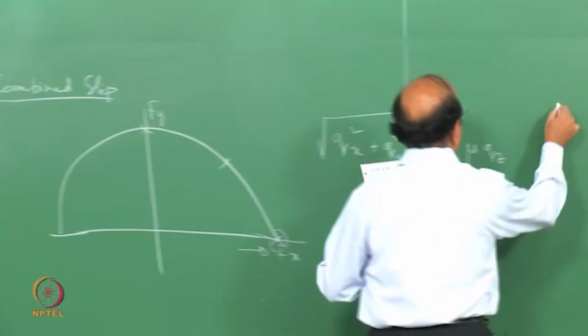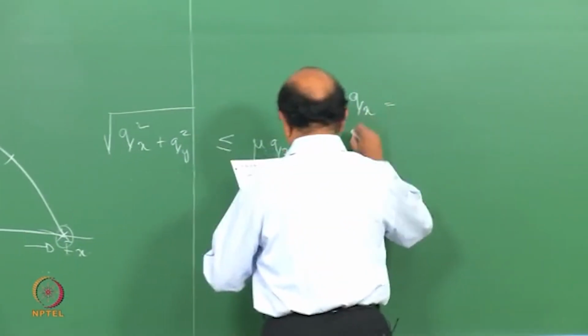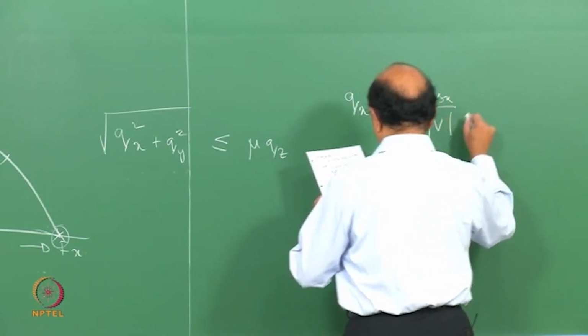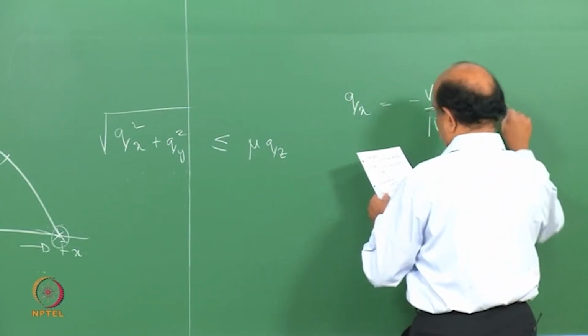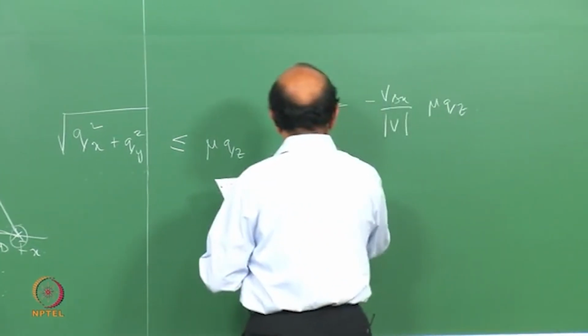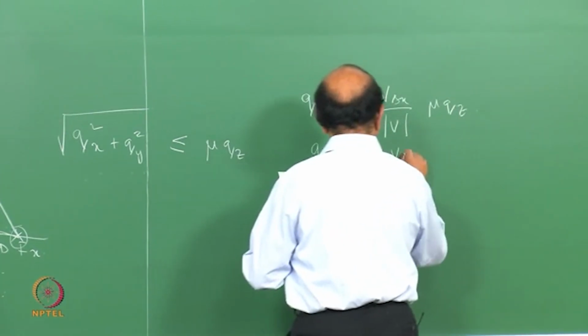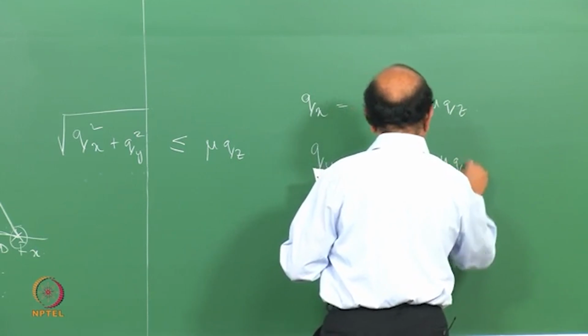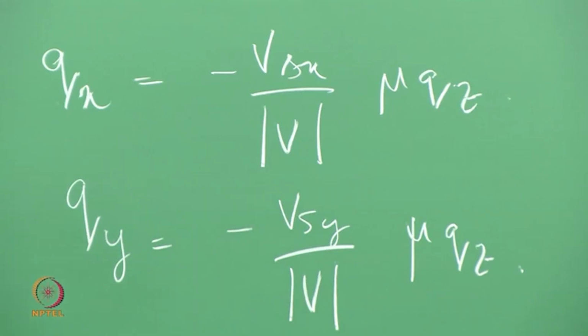Actually, the qx and qy is given by, I'll just write this quickly. When it is in the slipping region, force per unit length, I already said that.